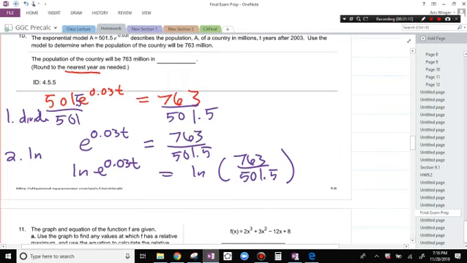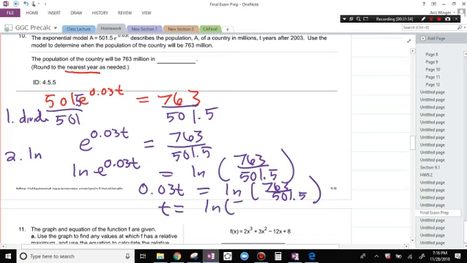What happens here? They cancel. 0.03t equals this ugly thing. Keep it like that to avoid round-off error. And then divide both sides by 0.03. The natural log of 763 over 501.5, divided by 0.03.